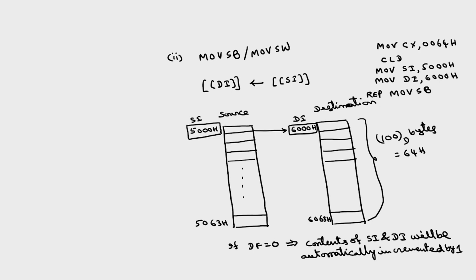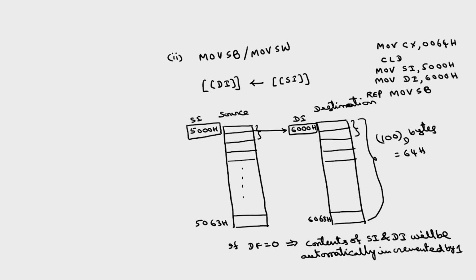In order to transfer a word, everything is the same. The only difference is that here we will have 64 more locations, where these two will constitute one word, and these two will constitute one word. Like that we have 64 words, meaning we will have 100 more locations here and 100 more locations here. I am not showing them here.